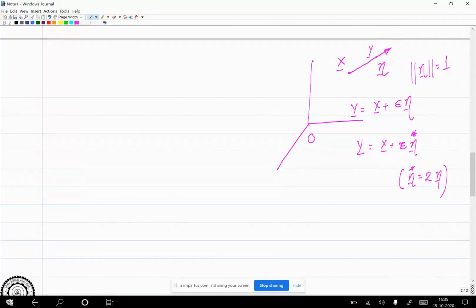Now let us see what the directional derivative is giving us. In the first case I will say f of x plus epsilon into eta, minus f of x, divided by epsilon, and limit epsilon tending to 0.